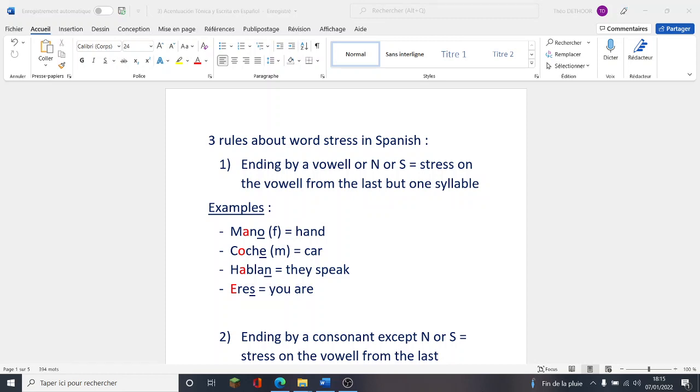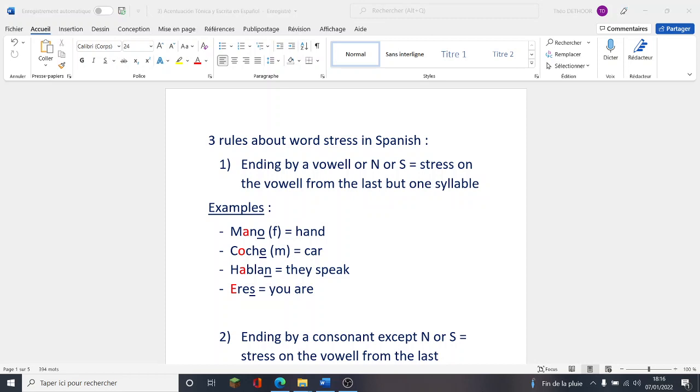So, as I said, there are three rules, and the first one concerns the words that are ending with a vowel, so basically A, E, I, O, or U, or N, or S. Only those letters at the end of a word, and it means that the stress of this word is gonna be on the vowel which is in the last but one syllable.